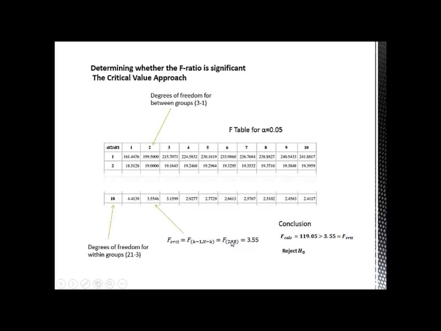So it would be at F(2,18), giving a critical value of 3.5546, and this is by far smaller than the calculated F value, or the F ratio, which was 119.05. So you can reject the null hypothesis and state that at least two of the group means are significantly different to each other.